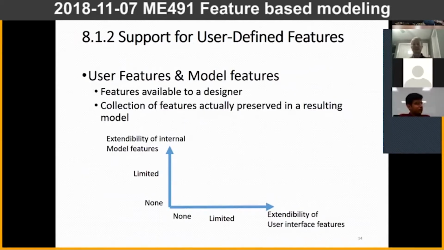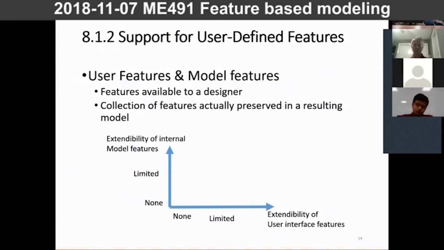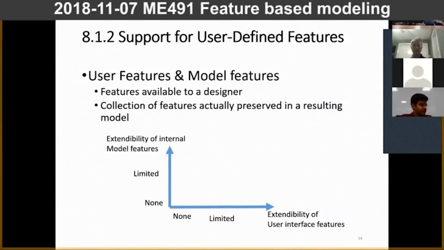Next is support for user-defined feature. So first we will divide the model into two categories, like features available to the user and the collection of features actually preserved in the resulting model. So if you make up a model, then what features you use for making it and what the system remembers out of it are different.